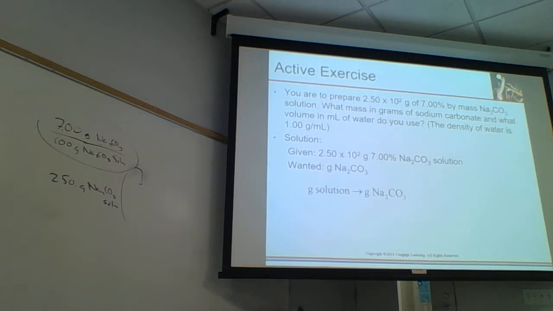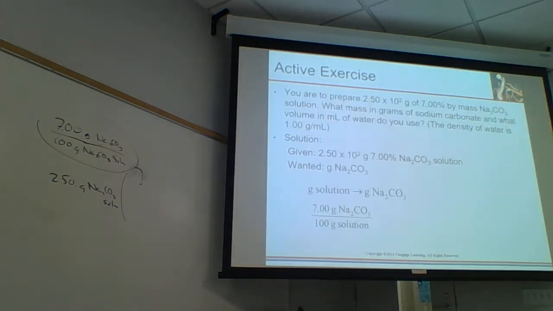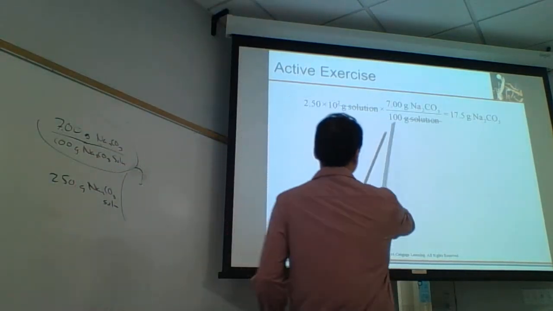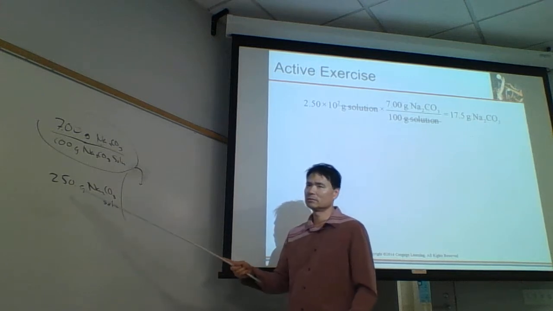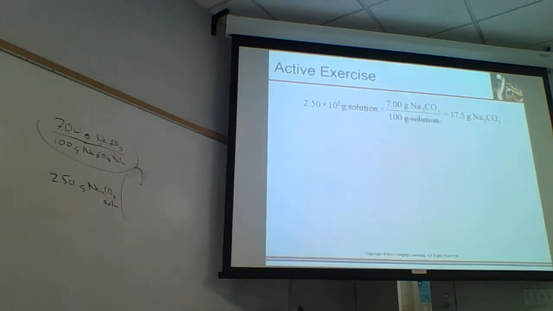So it would be 7 plus 7 would be 14 plus 3.5, 17.5. For every 100 grams of solution, we have 7 grams. We have 250 grams of solution, so 7 plus 7 plus 3.5. Or we just multiply it out in dimensional analysis. All right, that's how many grams of sodium carbonate.